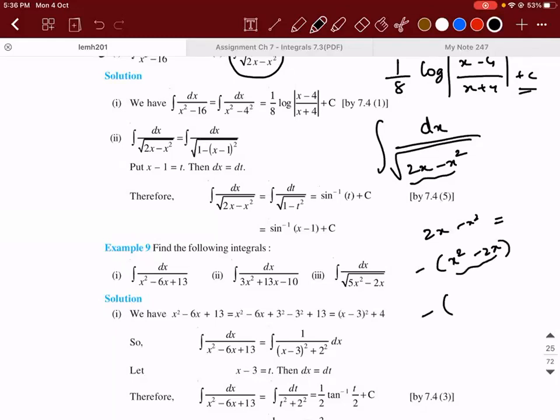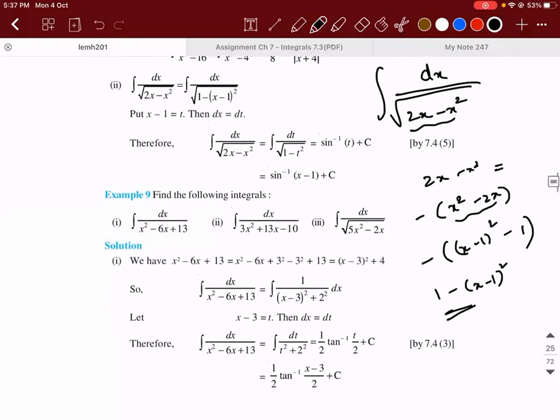Minus of, how can I write this as a perfect square? It will be x minus 1 the whole square minus 1. Okay. If you push the minus sign inside, you will get 1 minus x minus 1 the whole square.